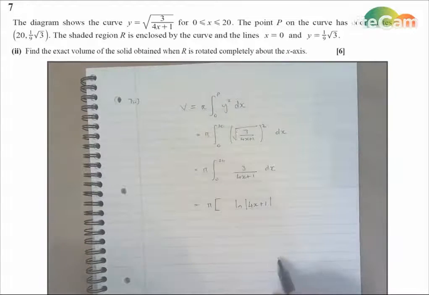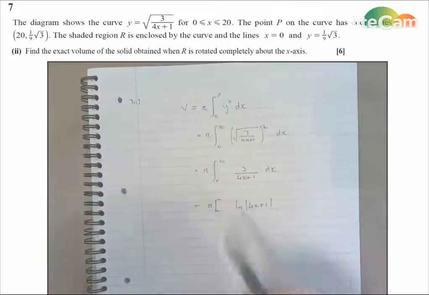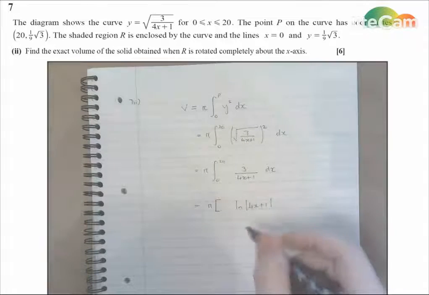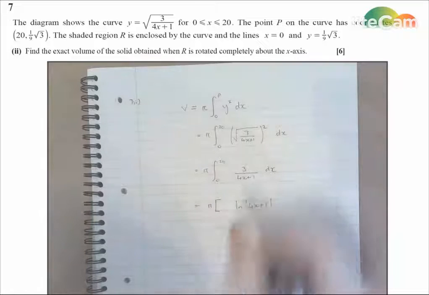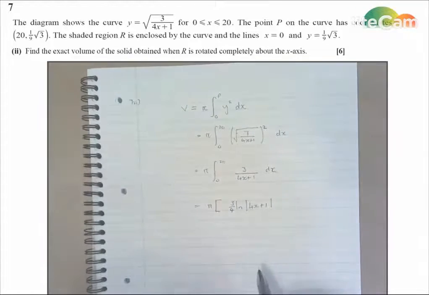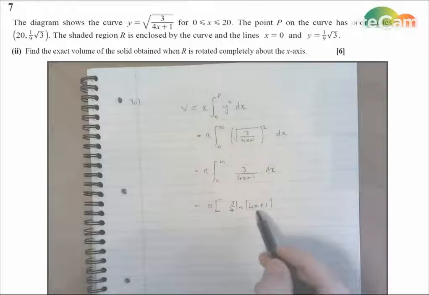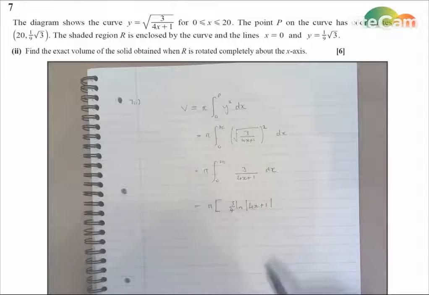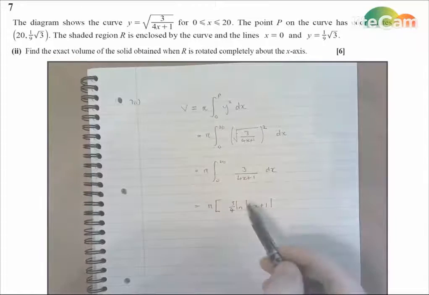That's not the whole story though, because if I differentiated this, I would get a factor of 4 at the beginning, and I've also got this 3 here. So instead of having a 4 and this 3, I'm going to get 3/4 out of here. Now if I imagine differentiating this whole function, this 4 will cancel out with this 4, and I'll just be left with 3 here, which is what I've got here, because I want this to differentiate to that.